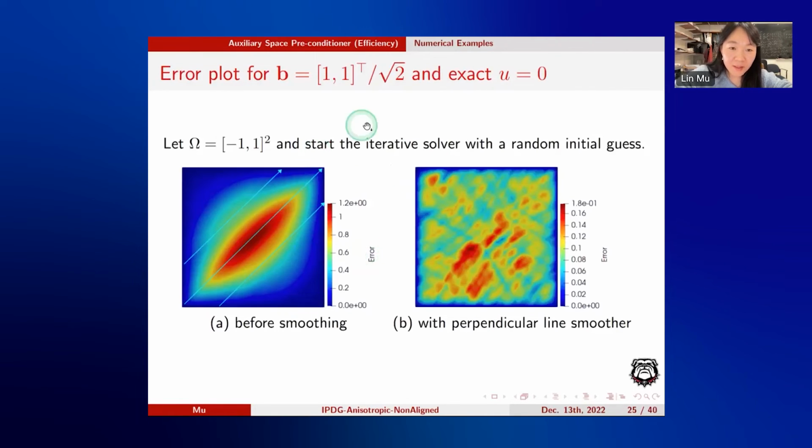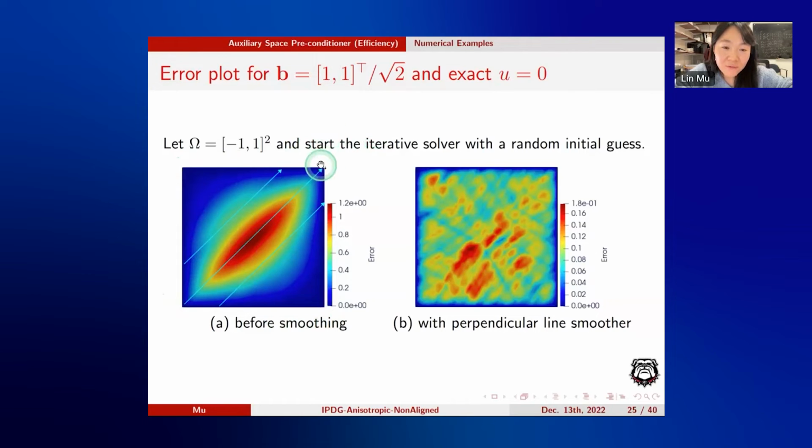Okay, so let's talk about the smoother. The smoother is going to smooth out the high frequency residual error. Now let's do some tests and check what we need for this smoother. Let's check the square domain, and b equal to a vector pointing from left to right top. We test our problem with right-hand side f equal to 0 and the homogeneous Dirichlet boundary condition.